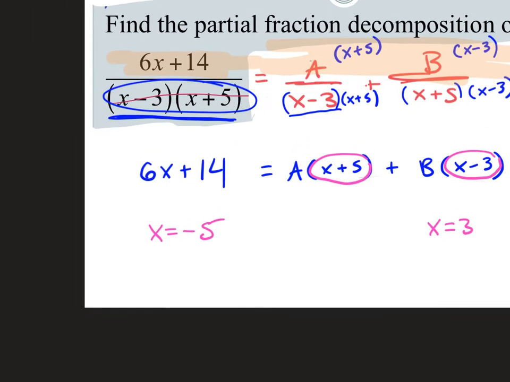So let's start with negative 5 first. We're going to plug in negative 5 for all of our x's. So we have 6 times negative 5 plus 14 is equal to A times negative 5 plus 5 plus B times negative 5 minus 3.